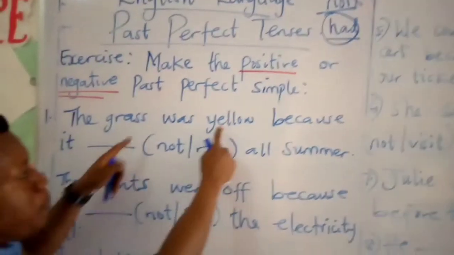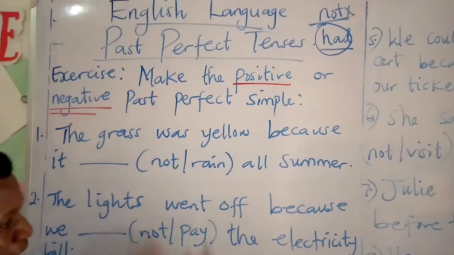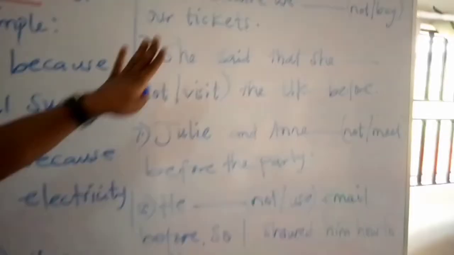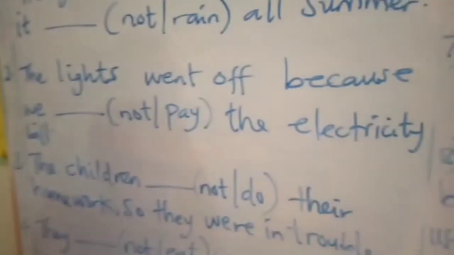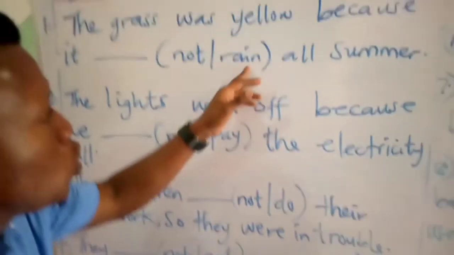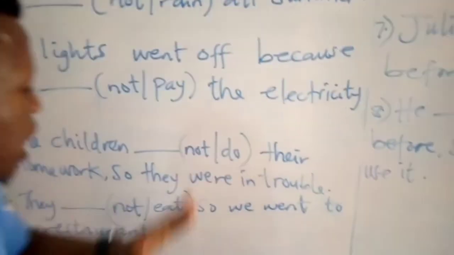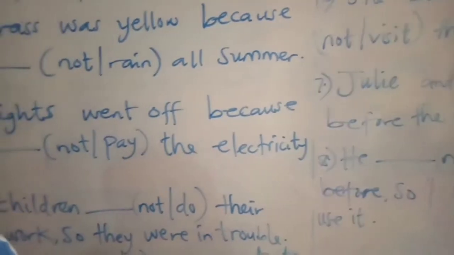If you look at the words in parentheses, you will see not in everything. This is because we want to change them to the negative past perfect. Now the word after your stroke must be written in the past tense form. What we have here are just simple present tenses, so we change those verbs to past tense form.